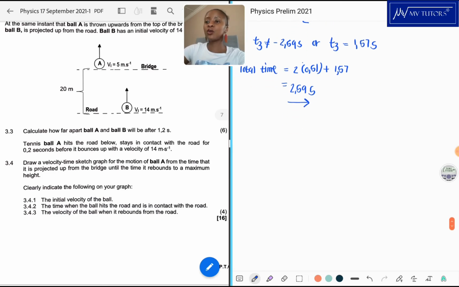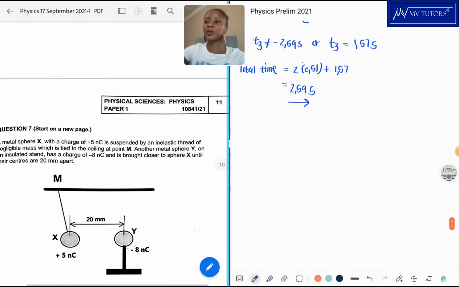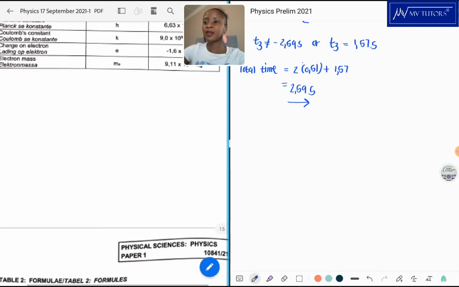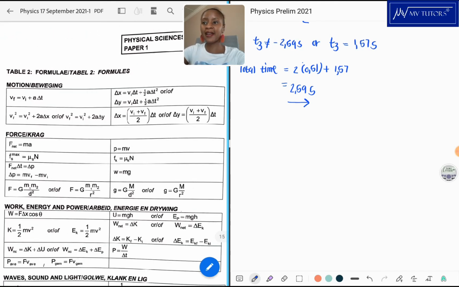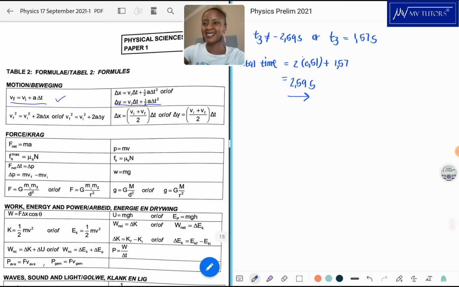Okay, so again, referring to our equations of motion, we're going to see the formula where we have delta y. So 1,2 seconds they said. I'm going to go with the one that just has initial velocity. I don't want to play with the final velocities here.